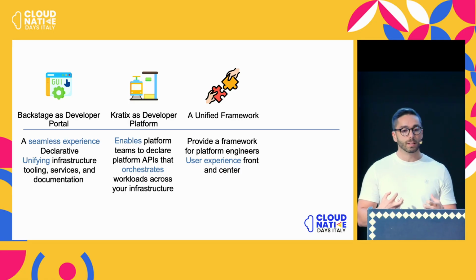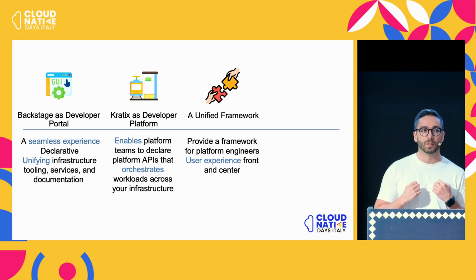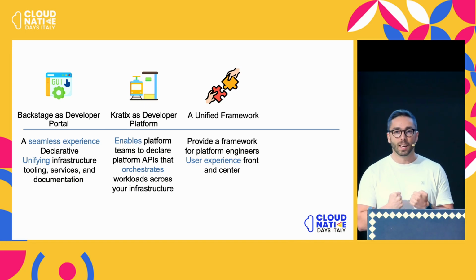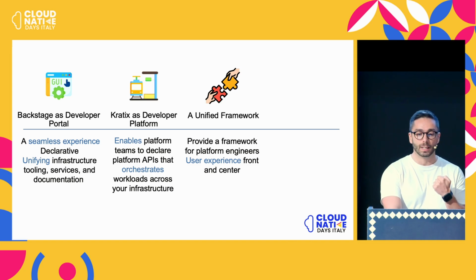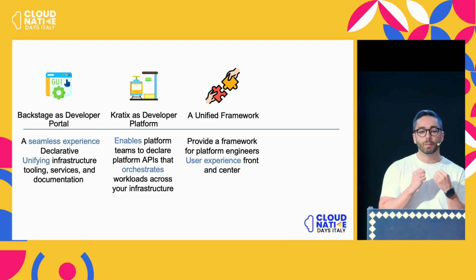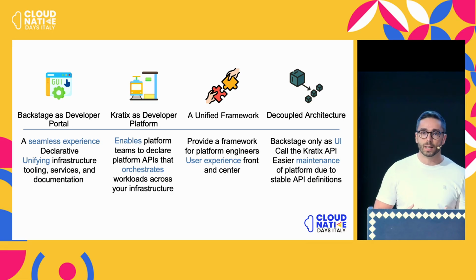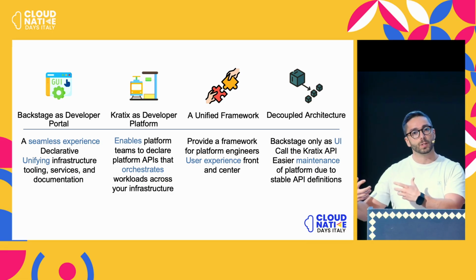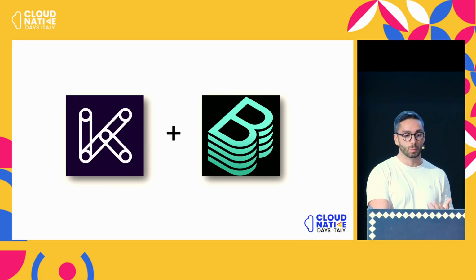So this gives us a unified framework, and that gives both the platform team and the developers the experience that they can work with the same API, which is Kubernetes. And of course, this way we can decrease the maintenance by letting the platform team focus on building these capabilities and letting the developers just consume them.